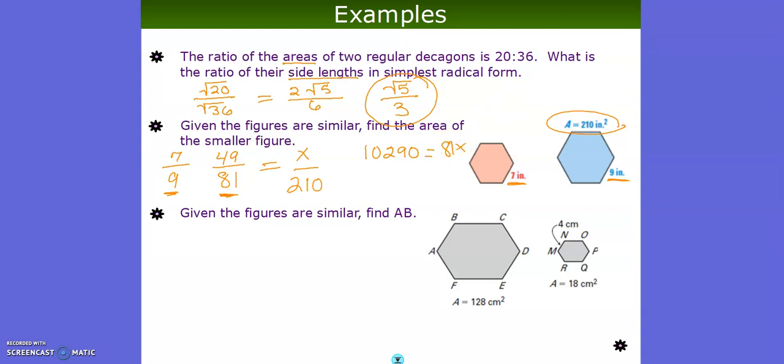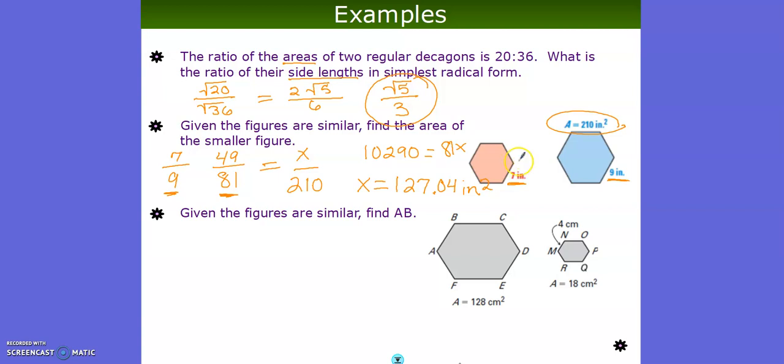So I'm just going to take my 10,290 and divide it by 81. And I'm going to find my x, which is my area of my smaller figure, to be 127.04, rounding to the nearest hundredth, and that would be inches squared.